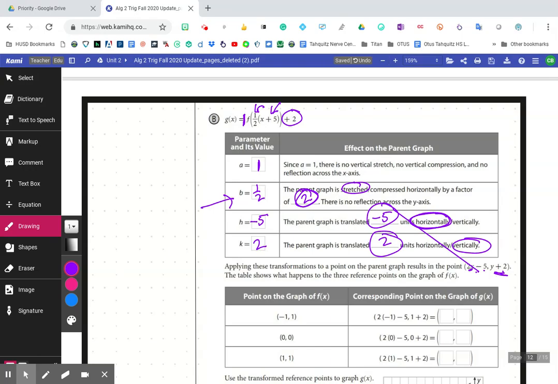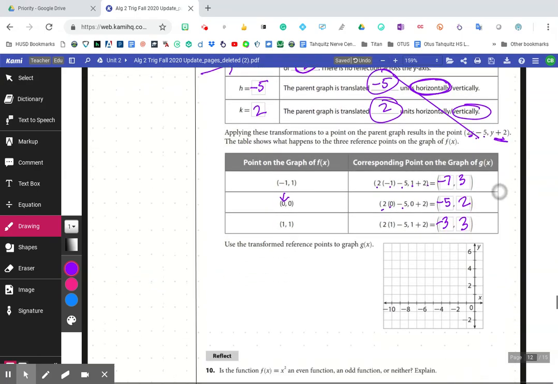So when I do 2 times -1 for the x minus 5, I end up with -7. When I do 1 plus 2, I get 3. When I do 2 times 0 minus 5, I end up with -5, and then 0 plus 2 is 2. 2 times 1 minus 5 is negative 3, and then 1 plus 2 is 3.